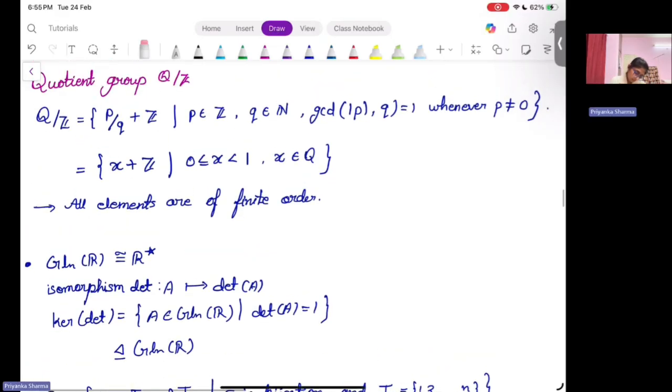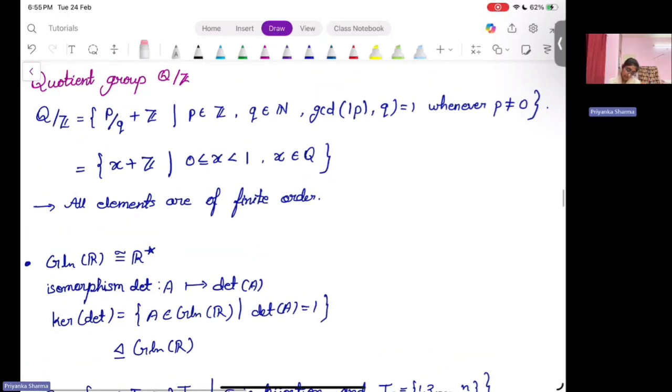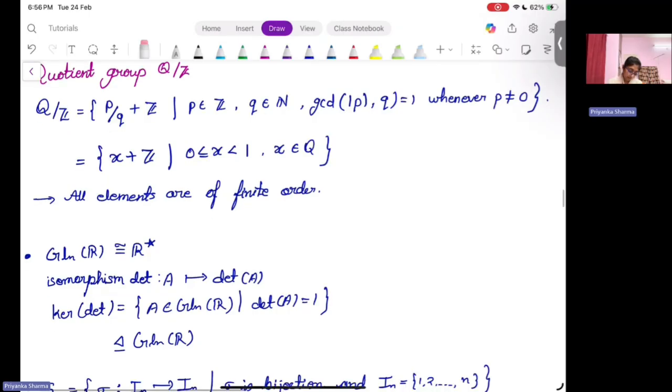This is an interesting example of a group because it has all elements of finite order. You can refer to the lecture videos to know more about what will be the order for a given element. So this is an example of a group in which all elements are of finite order, but the group itself is infinite.